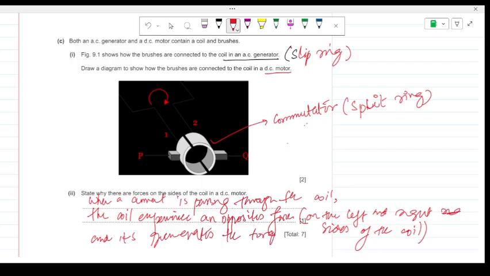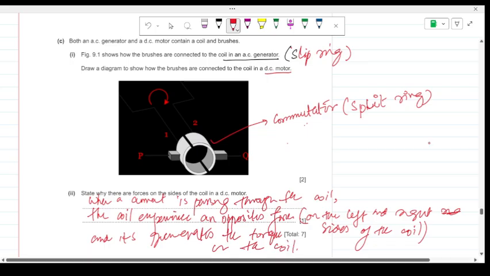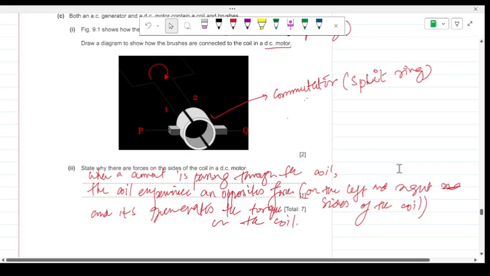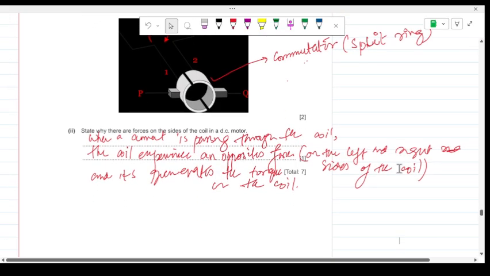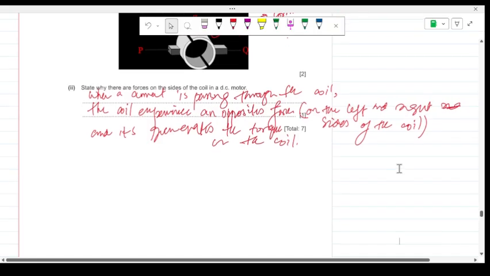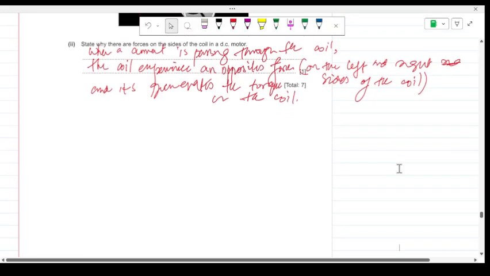No force is present on the top and bottom sides, because the magnetic field and current are parallel to each other, hence the magnetic force is zero. If the magnetic force is zero, then the torque produced by that side is also zero.